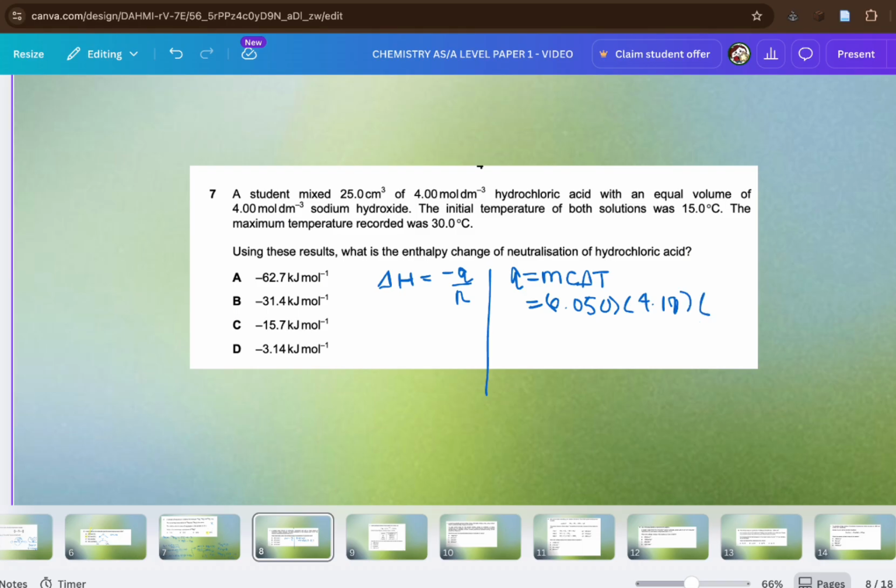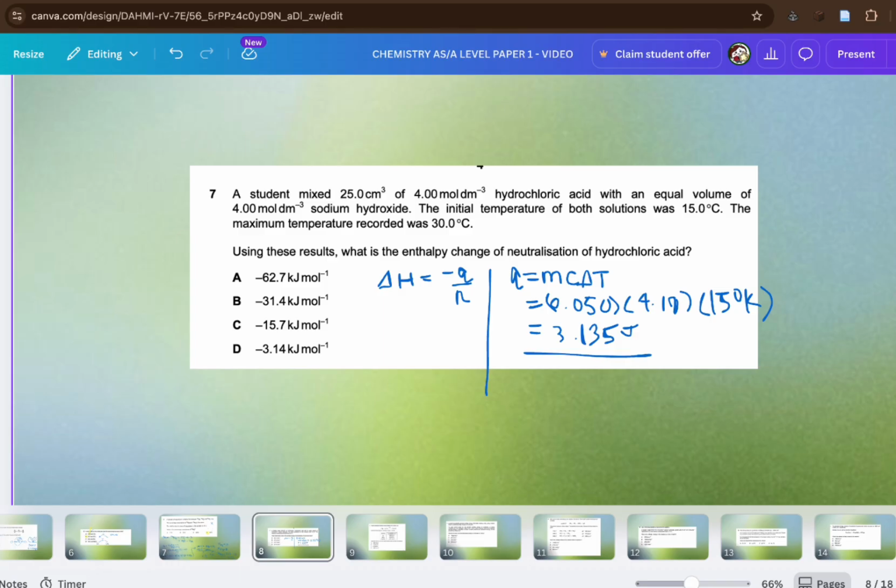And you see that the change of temperature is 15 degrees Kelvin. Alrighty. Next, the result is 3.135 joule. Well, let me fix that number 5 there. Okay.